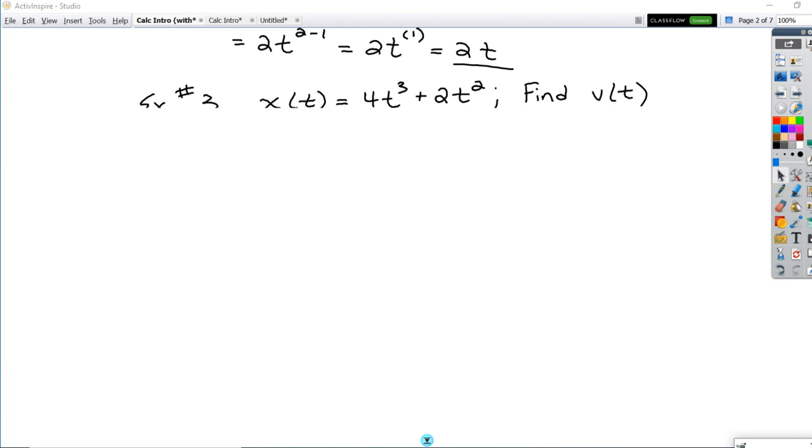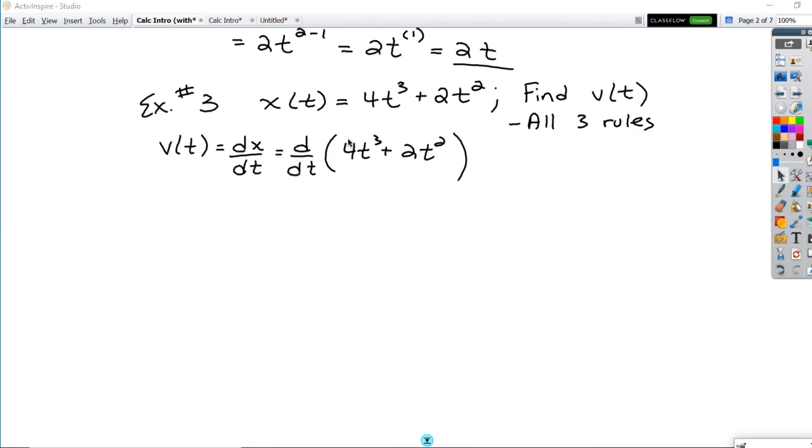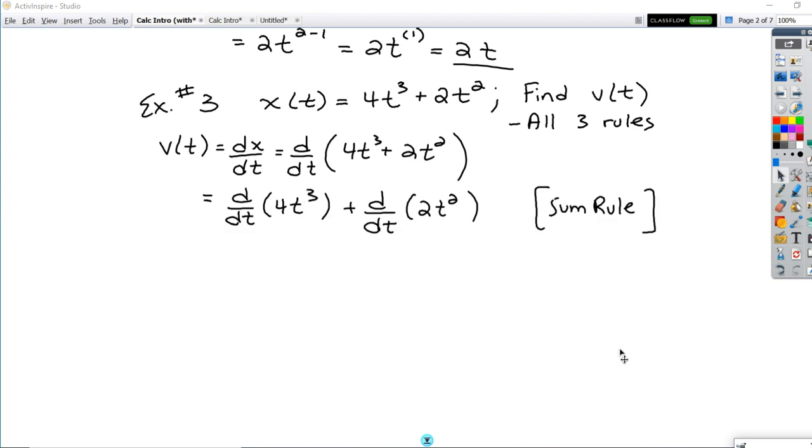Alright, so if you've tried it, let's talk about what you had to do to get your solution. Well, first of all, the rules that need to be used. We have a sum with multipliers and powers. So all 3 rules will need to be applied to solve this problem. So we're finding the derivative of our function.